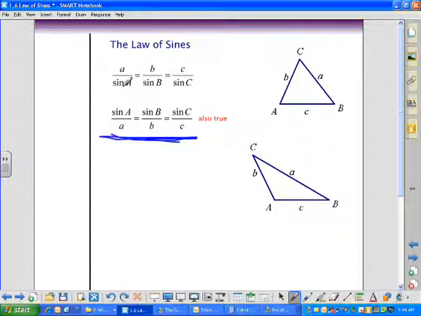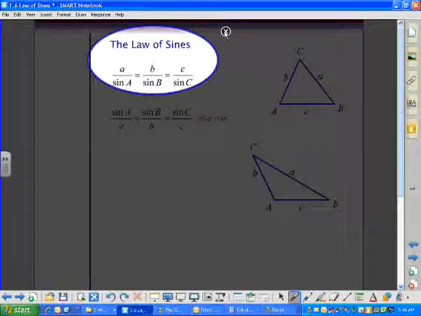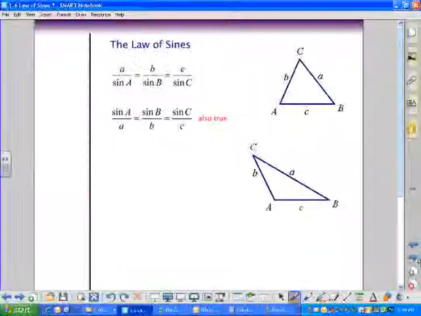So I could flip the ratio if I wanted to solve for a missing angle instead of a missing side, depending on what you're looking for. Being strategic about what variable you choose to have on top can be a little bit helpful in the algebra. Okay, so this is our law of sines. It's on your bookmark. It's in your toolbox. Now we have it yet again, and it's easy to remember.